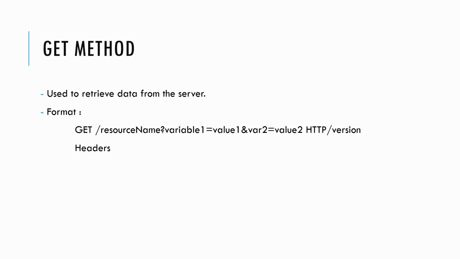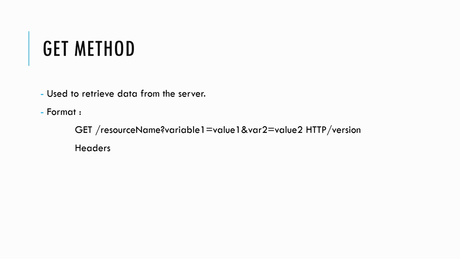Now let us talk about the different methods used by the HTTP protocol in which the client communicates to the server. When the client communicates with the server, the HTTP methods are used to either retrieve data or to send data. If we want to retrieve some data from the server, then we use the GET method.